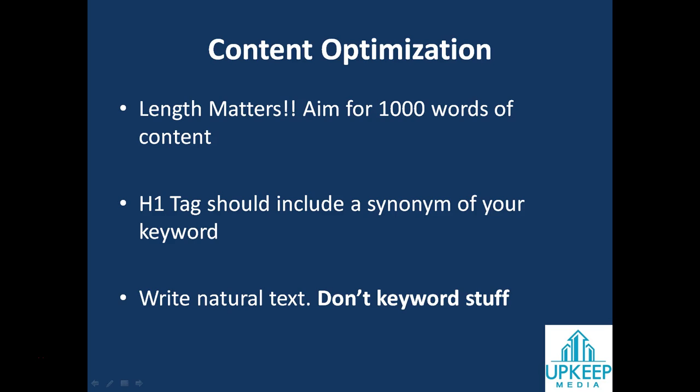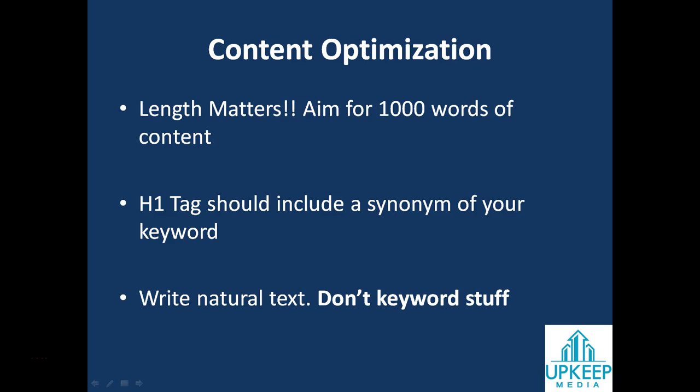And second, Google and all search engines nowadays are smart enough to recognize when someone is trying to stuff their keyword into their content, and they'll actually penalize you for doing that. So you want to include your keywords in a natural way, but you don't have to include it 10 times or 15 times.